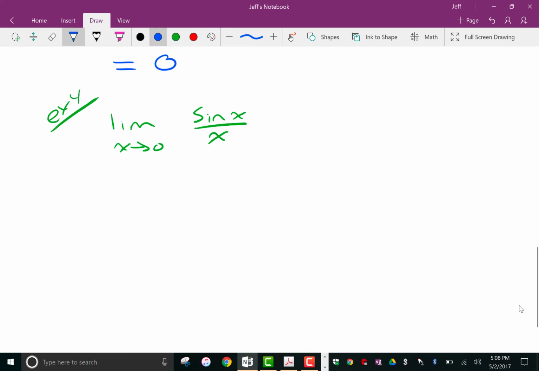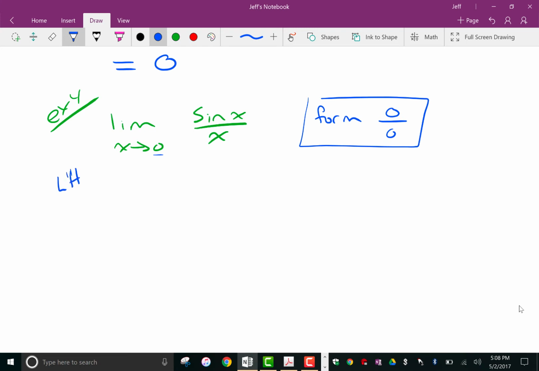I can actually show you that it's equal to 1 a lot easier by using L'Hopital's rule, because of the form of this limit. As x is approaching 0, sine is approaching 0, and x is approaching 0. So this limit has a form of 0 divided by 0, which means I can use L'Hopital's rule.